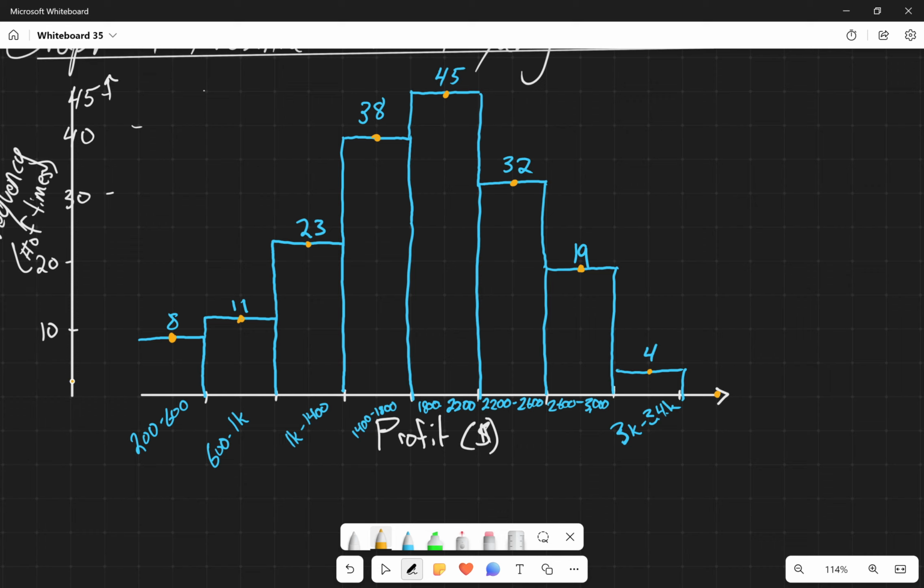Actually, the 0 point starts at 0 frequency, and then it starts at 0 profit. So creating a frequency polygon would be by extending this to include the 0 point and then connecting all of these individual points.